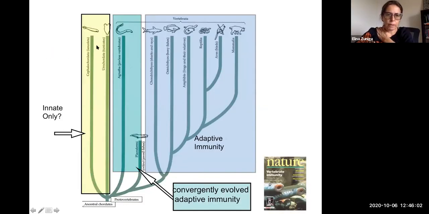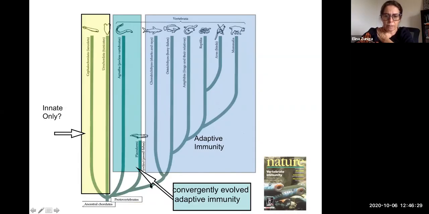Here is a nice graph indicating that invertebrates and vertebrates have an innate immune system, while the adaptive immune system is only present in the vertebrates, in blue.